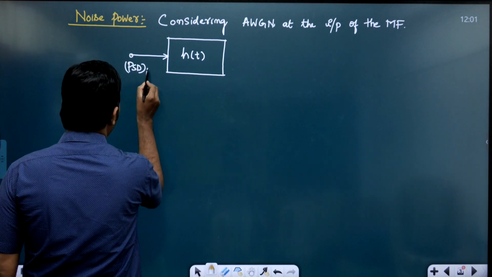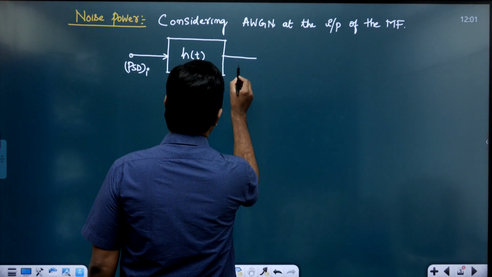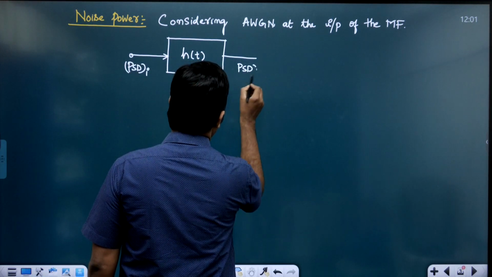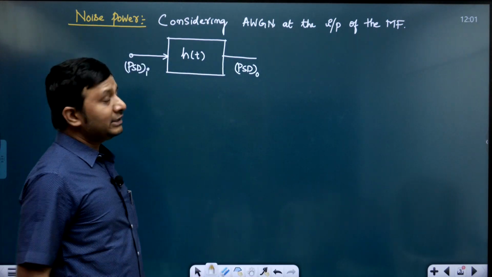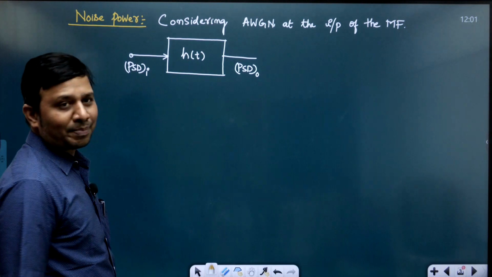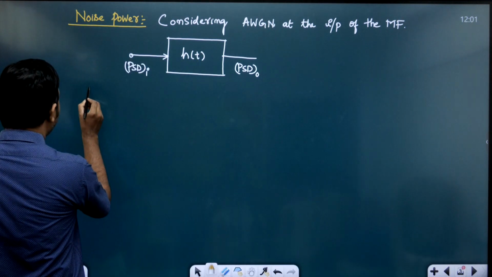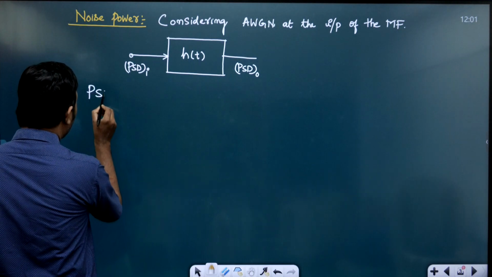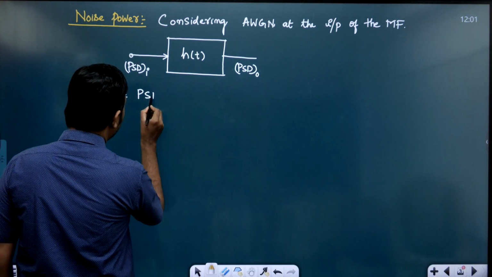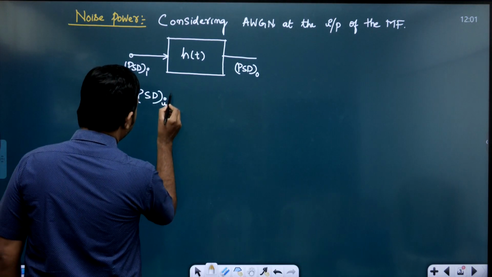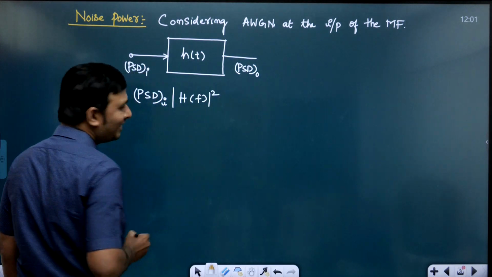So input power spectral density is PSDI, and the output power spectral density I can denote it by PSDO. And we know the relationship between input and output power spectral density, that output power spectral density is equal to input power spectral density into magnitude of h of f whole square, isn't it?